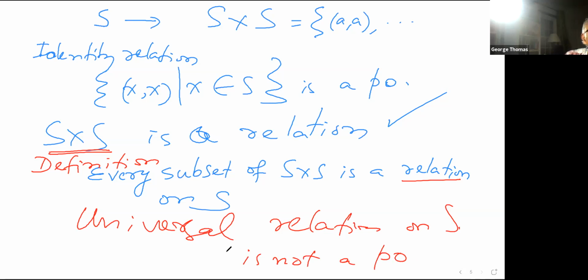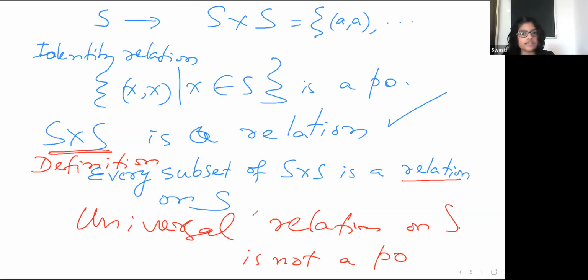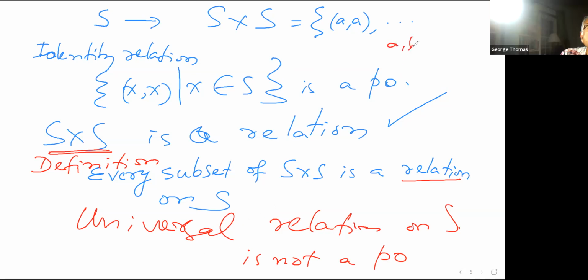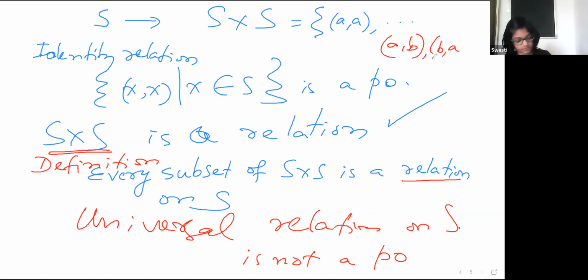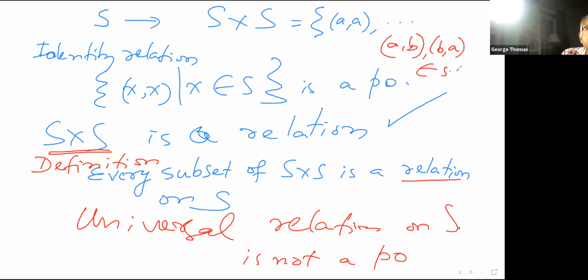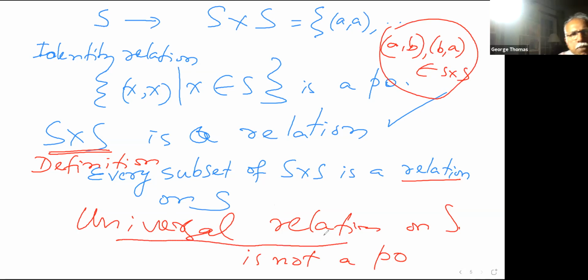Can someone tell me why the universal relation is not a partial order? Because there is A, B and B, A both in it. Yeah, because in a universal relation, A, B and B, A and all, everything is there, isn't it? Therefore, a universal relation is not a partial order.